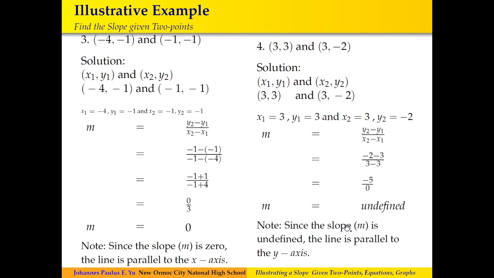Okay, that would be all. And I hope, guys, that you will be able to understand the means of finding the slope given 2 points. Now, you notice in your module that the authors of the module are showing to you an illustration of a picture of a car and then a road, no?